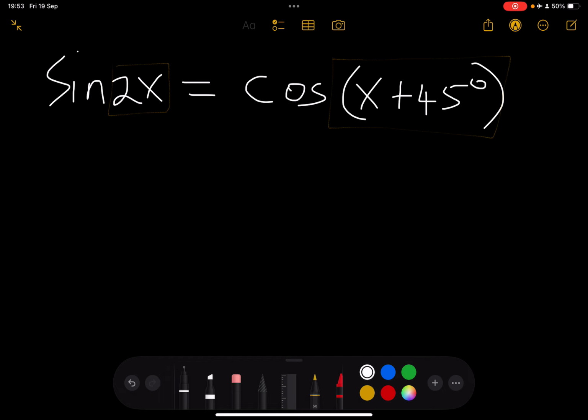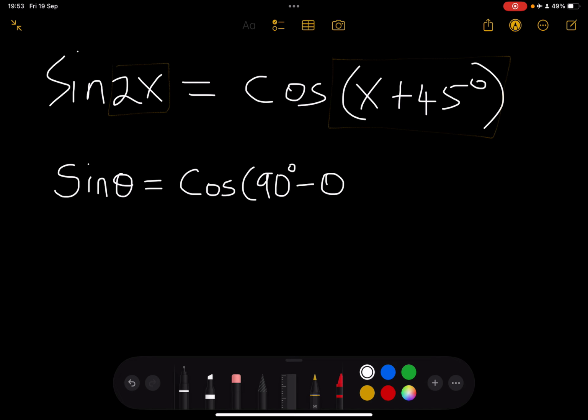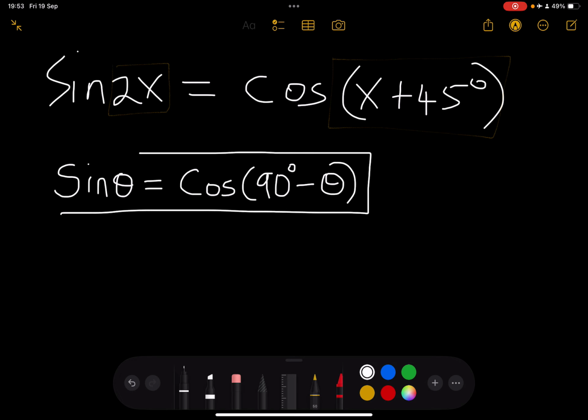So this is what we're going to do. I know that sine of theta can be written as cos of (90 degrees minus theta). This is a co-function rule, we know it, right?